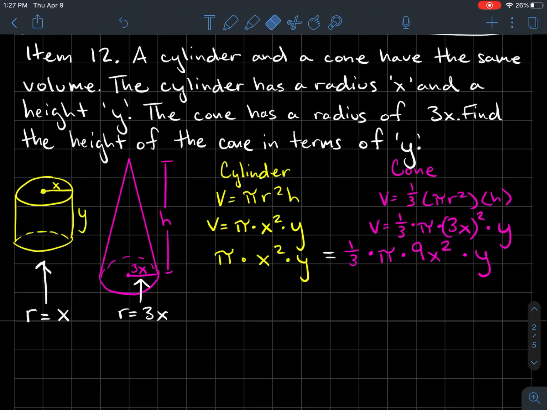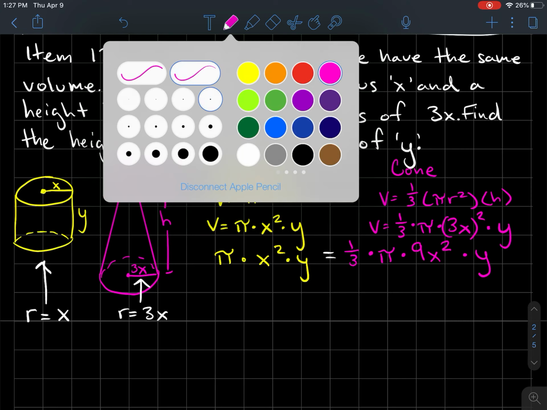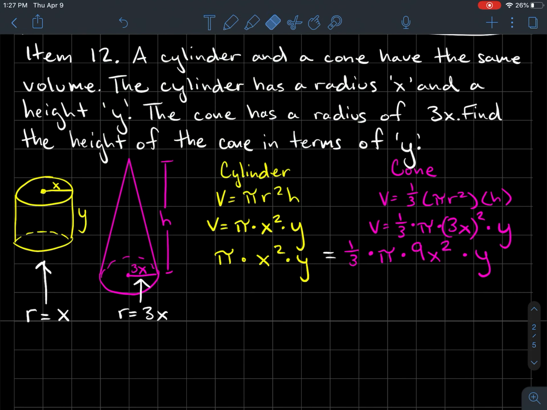And now it's just a matter of solving for the height of the cone. I'm going to change one thing here. We wanted to figure out the height of the cone, and I jumped ahead by accident. This is exactly what we need to figure out.